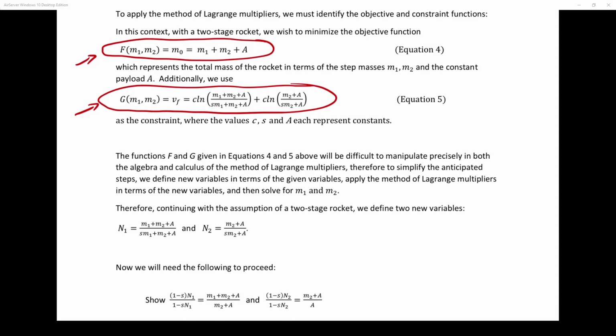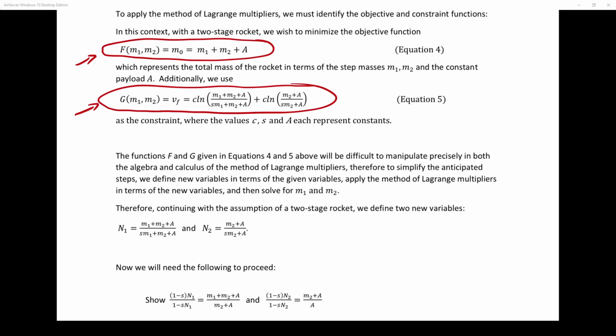So the functions f and g given here in equations 4 and 5 will be difficult to manipulate precisely in both the algebra and calculus of the method of Lagrange multipliers. Therefore, to simplify the anticipated steps that we will follow, we define these new variables in terms of the given variables being c and s and a, and actually m1 and m2 we'll rewrite.